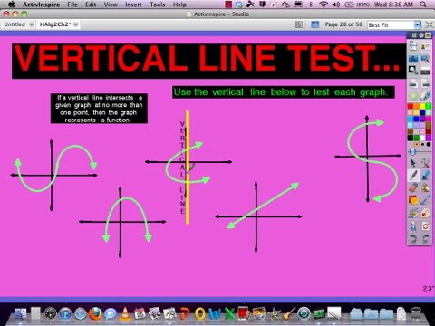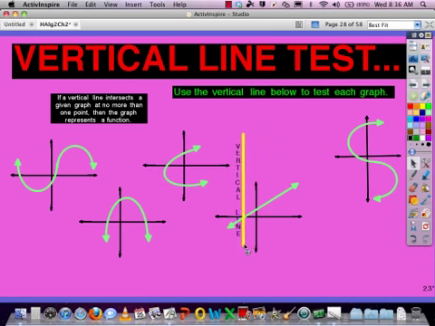and try the line. And if we move the vertical line, you can see that a diagonal line here represents a function. And last but not least, we have our S curve, and I think you're going to find numerous places on this S curve that are bad, and therefore it is not a function.